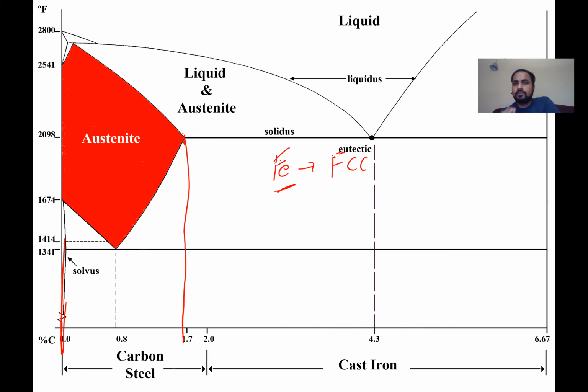And if you want to form the phase called martensite, which I'm sure you guys would have heard, you have to heat the material to austenite region. This is something very important which you should know whenever you are doing heat treatment. Let's say whatever steel you have, you want to form martensite.